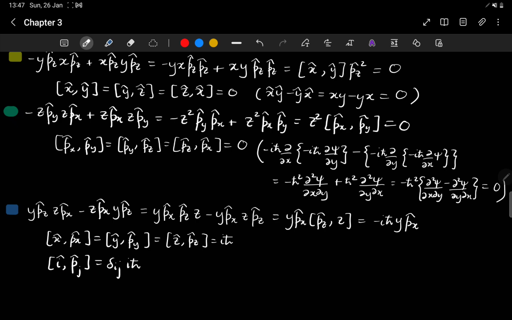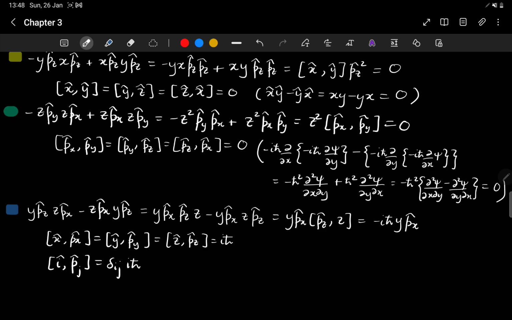When i equals j, then you have this x px, and that commutator is iħ. And when i is not equal to j, let's say you have x comma py commutator, that is going to be 0. And that is what we have used for this blue pairing. So the x py commutator is 0, and that's why we could bring this y in front of this px over here in this term. And similarly, we could bring this px also in front from this result over here.